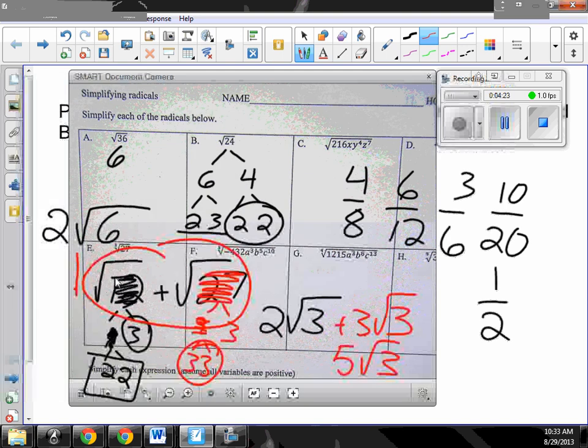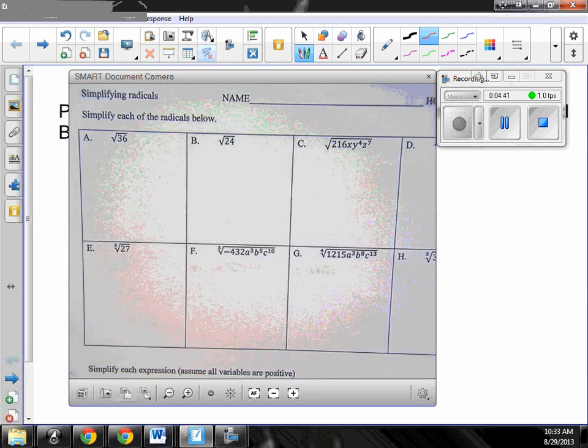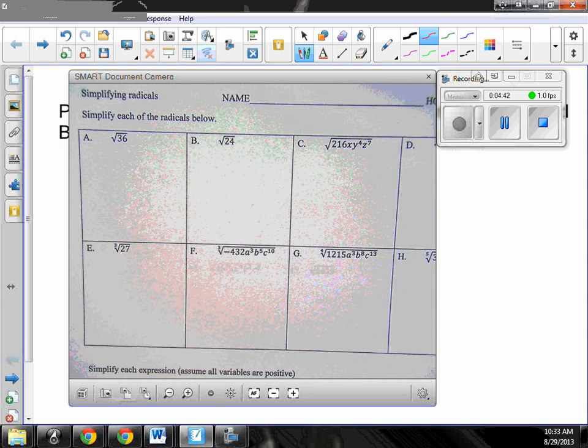And you can't add 2 different things together. And by simplifying them, I turned them into the same type of problem, and that allowed me to add them together. So that's why we study simplifying square roots. Okay. We'll get to E in a second.